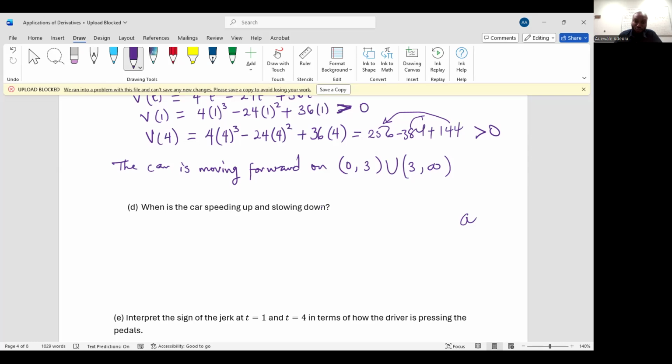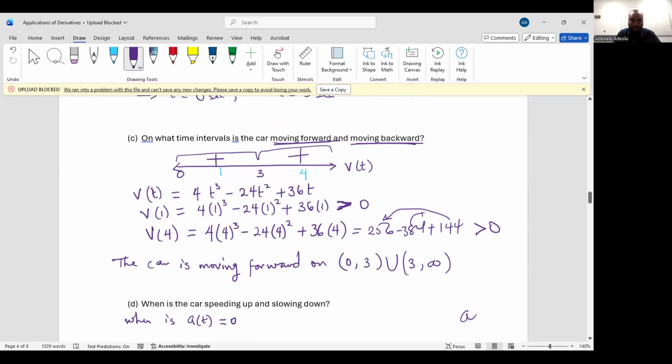The first thing I need to do is to know when I am not accelerating at all. So I need to first ask, when is my acceleration 0? That is when I am not accelerating, I'm not decelerating. It is 0. I'm cruising. So I want to know that time. It is important because I need intervals.